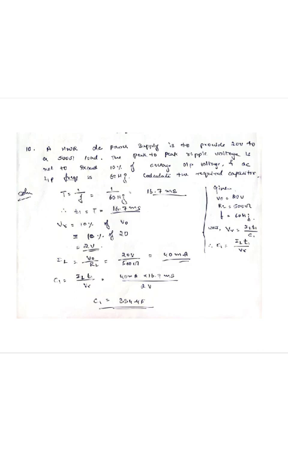T is equal to 1 divided by F, so you know the value of T now. VR is equal to 10% of VO, that is nothing but 2 volt. IL is equal to VO divided by RL. Just substitute it. So C is equal to IL T divided by VR. By this you will get the C value.